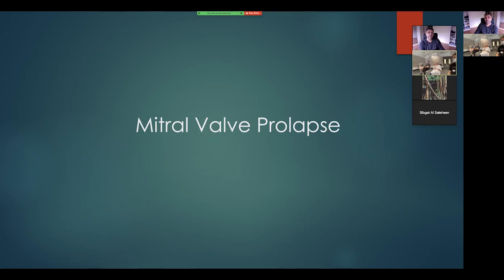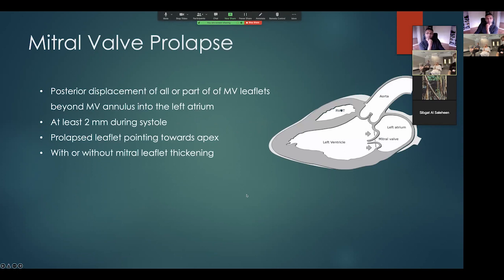Okay, now let's talk about some features of mitral valve prolapse. So what is prolapse? Especially for the mitral valve, it is a posterior displacement of some part of the mitral valve leaflet or the whole leaflet beyond the mitral valve annulus plane into the left atrium.